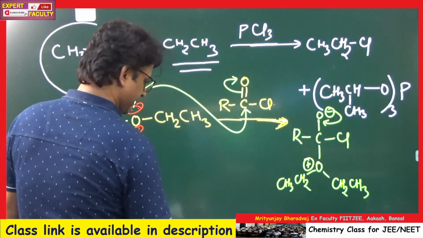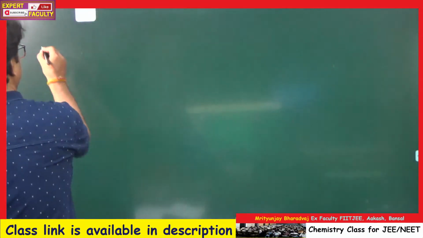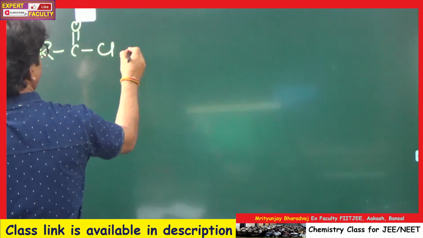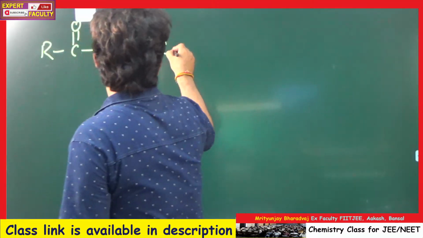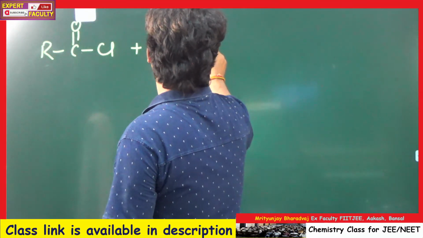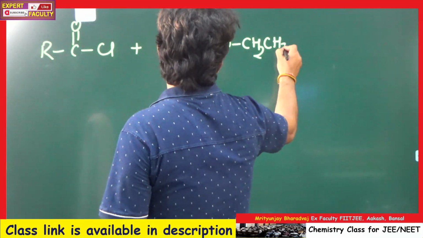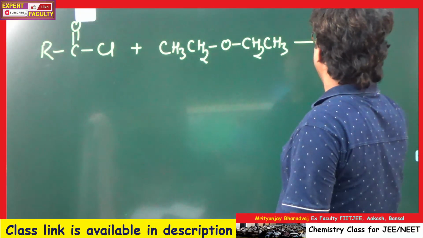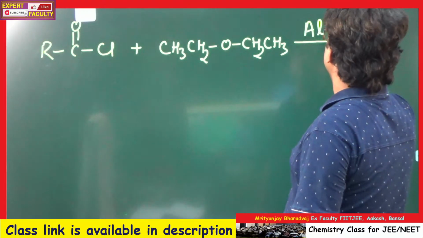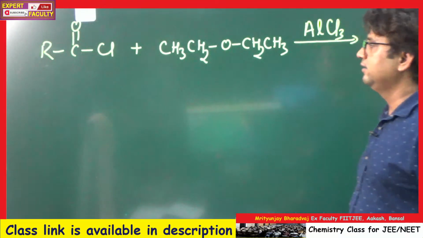The reaction is RCOCl plus CH3CH2OCH2CH3, and we need a catalyst here, AlCl3.